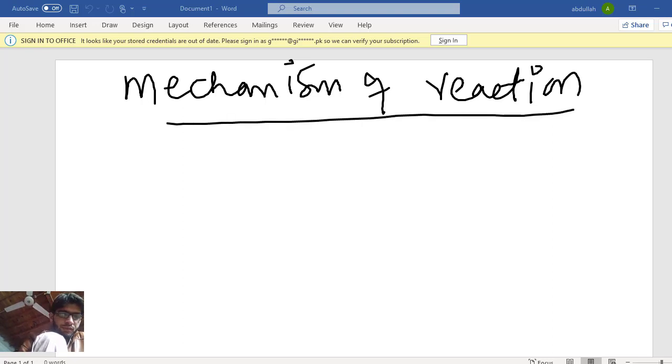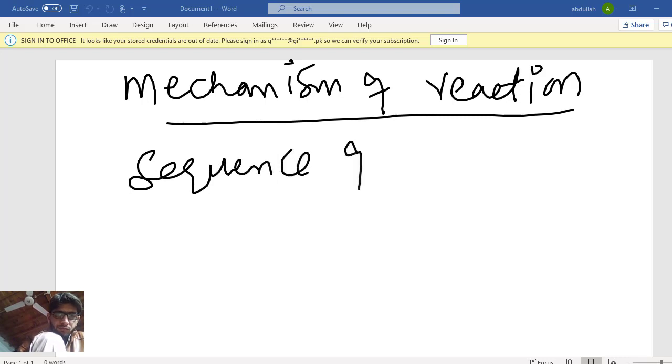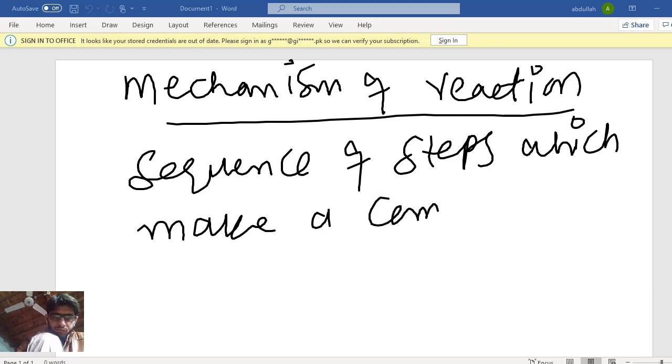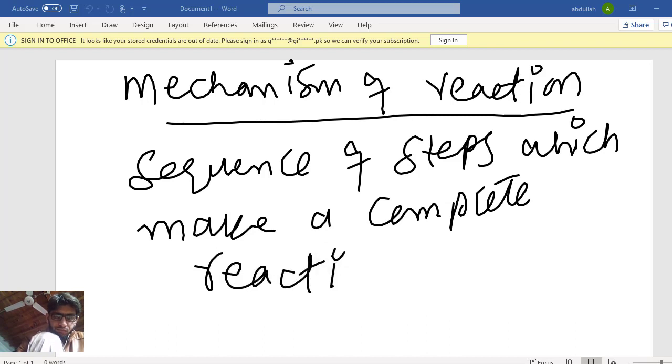It is a sequence of steps. The sequence of steps which make a complete reaction is known as the mechanism of reaction.